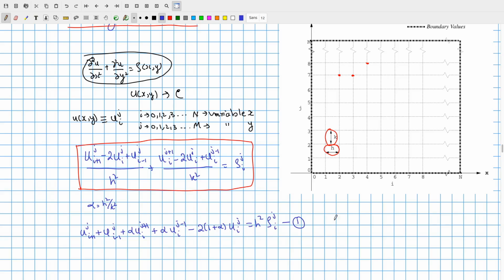For example, I can write u of ij as equivalent to u of l. Instead of two indices, I will count 0, 1, 2, 3, 4, 5, 6, 7 up to m, and when I come to the next row, I write m plus 1, m plus 2, m plus 3, m plus 4, m plus 5, and go on like this up to 2m, then 2m plus 1, 2m plus 2. I can keep counting. In that way, I can convert these two indices ij into a single index, which we call u of l.